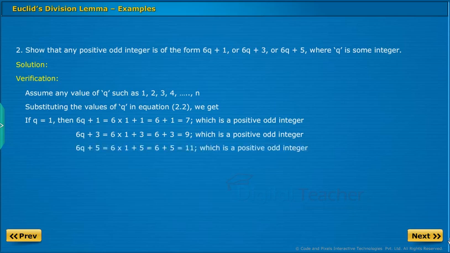6q plus 5 is equal to 6 into 1 plus 5, which is in turn equal to 6 plus 5, that is 11, which is a positive odd integer.